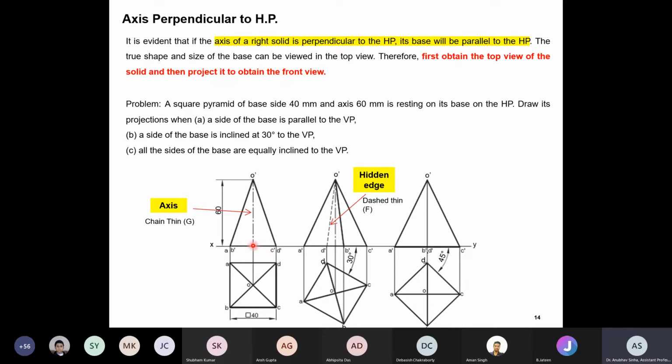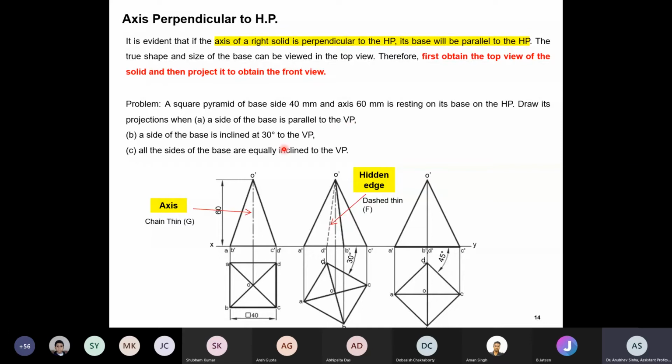Then from here you draw the given height, 60. You get the vertex O dash. From O dash you can join. These will be solid lines. So you get a front view. You have the top view, so you have calculated the orthographic projection. This is the simplest case where the side of the base is parallel to the vertical plane.